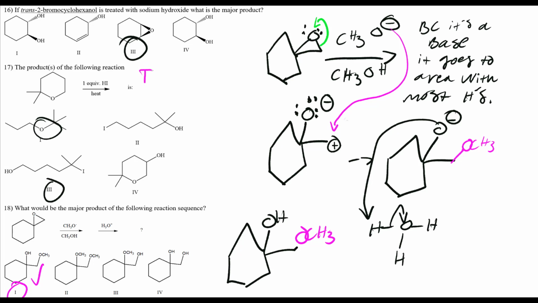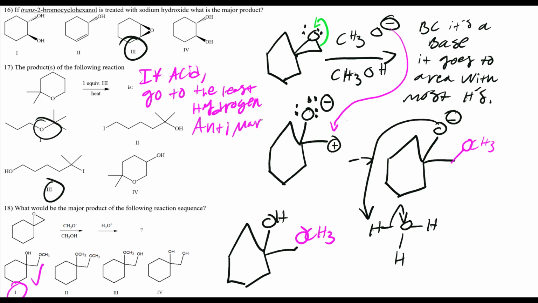If acid, we will go to the least hydrogen area, to the least hydrogens. So it's kind of like anti-Mark, and this is actually going to be Mark.